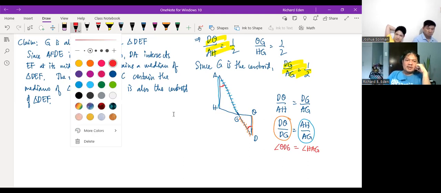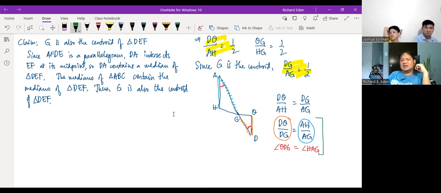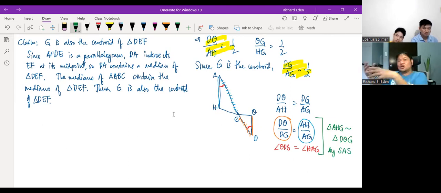And then if you combine these two statements, the conclusion out of these is that, what can we say about triangle AHG and triangle DOG? They are similar by SAS. So, of course, no SAS congruence.